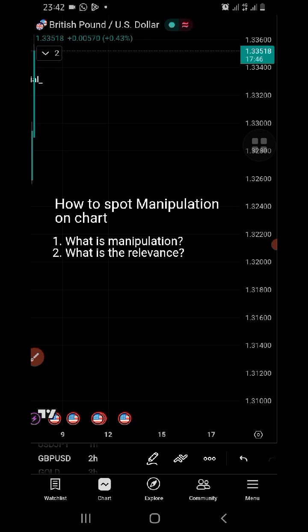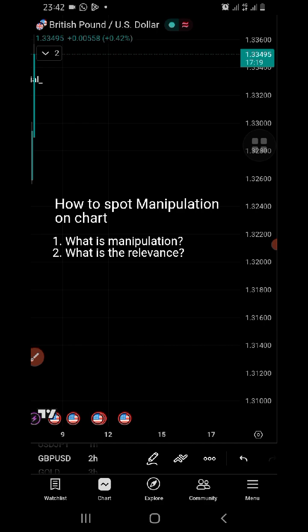Now, number two, what is the relevance? The relevance of manipulation in the market is that it helps to prepare a great order. It helps to prepare an order that is to be completed. Let me assume a buy wants to take place, a very good buy.